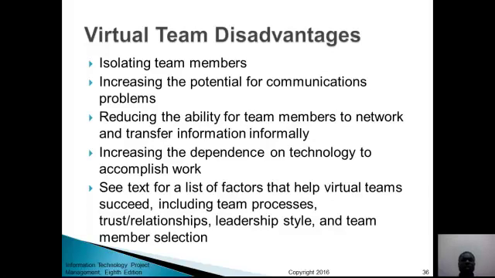So virtual teams also have disadvantages. Isolated team members. You can have team members being isolated, okay? And sometimes that can become a disadvantage. Increasing potential for communication problems. Have you ever had a situation whereby you are talking, you think the other person understands, but actually he doesn't? Especially from different countries with different languages, language barrier can easily become a problem.